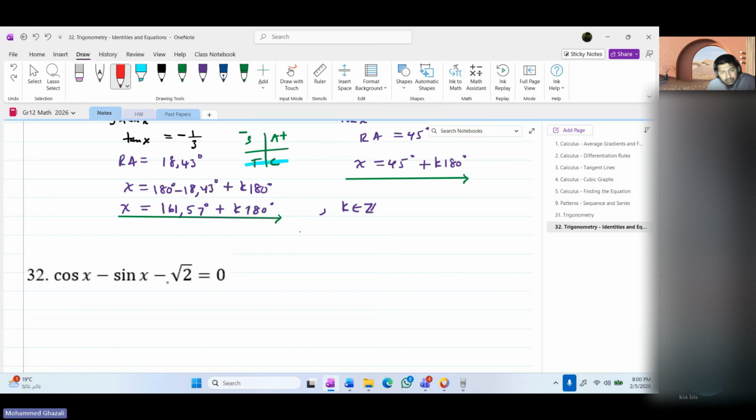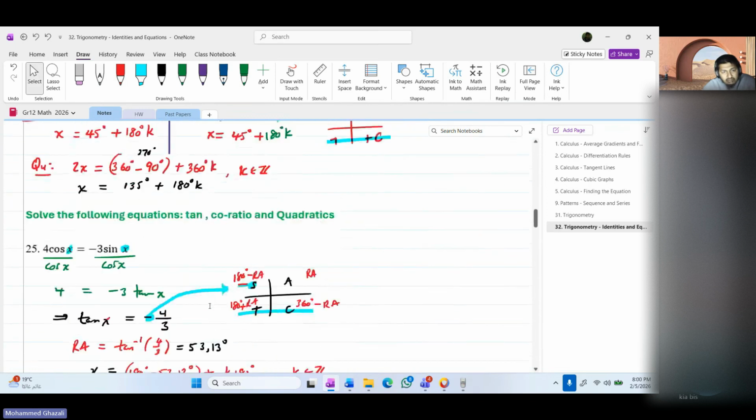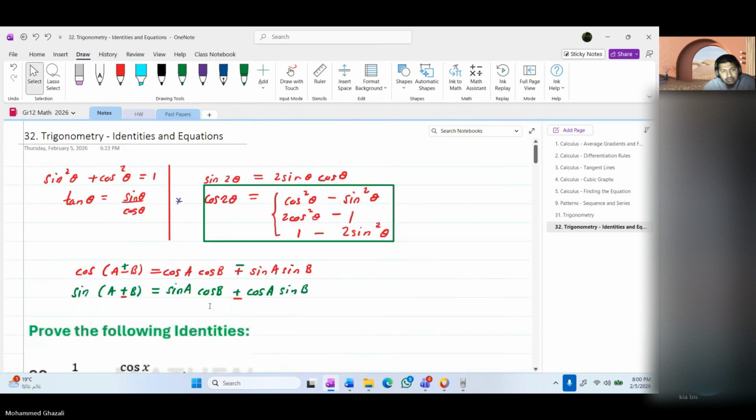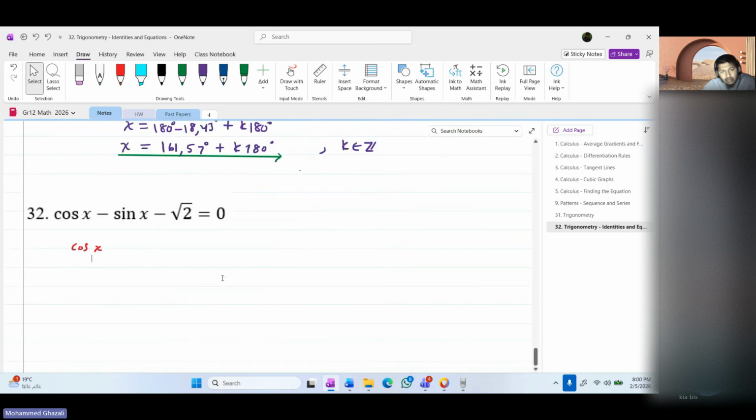All right. So what we're going to do first is take the root 2 over and write down cos x. Obviously, there is no double angles, right? There's no reducing, there's no quadratic. So all your options are over. The only thing that you are left with is a compound angle. You are running out of options here. So you're going to write down cos x minus sin x is equal to square root of 2.